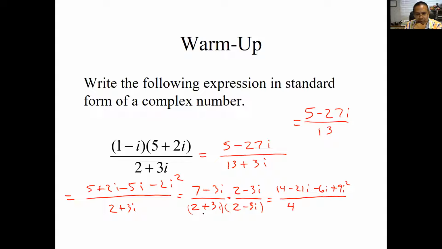But then the middle terms go away because you would have minus 6i and plus 6i, and then a minus 9i squared. i squared is negative 1, which makes that plus. So 9 and 4 is 13. i squared is negative 1, so that's minus 9. So 14 minus 9 is 5. And minus 27i. So I think this is correct.